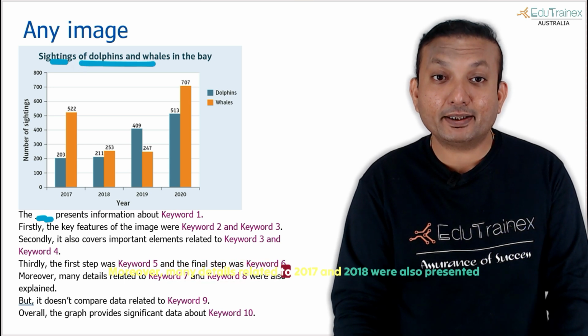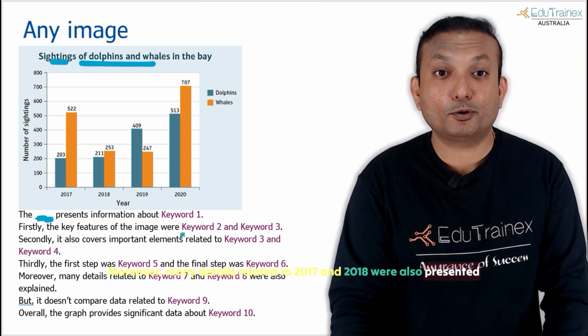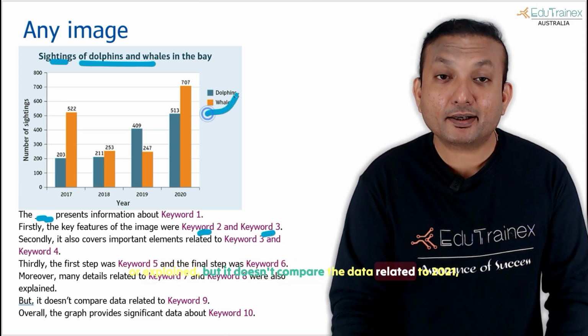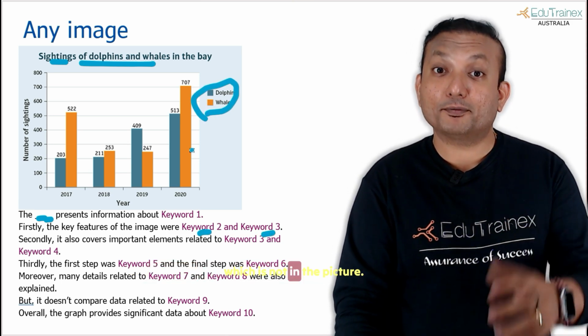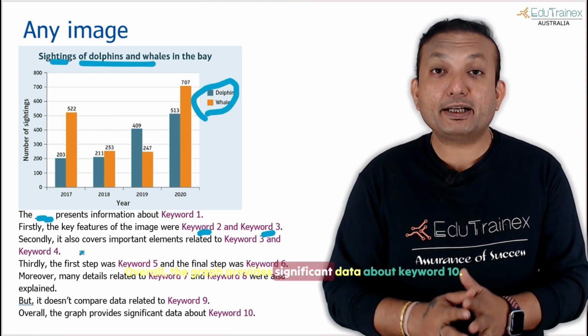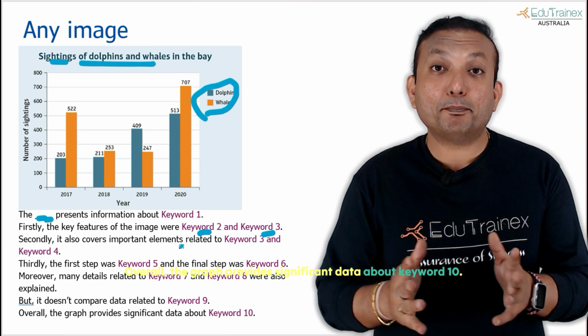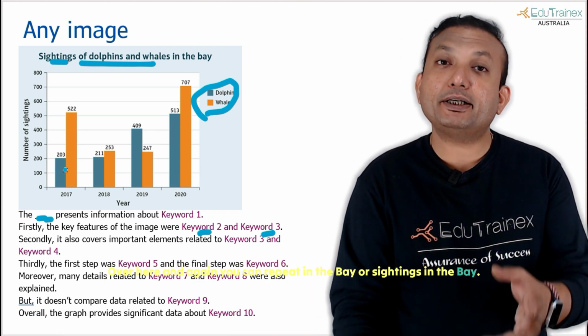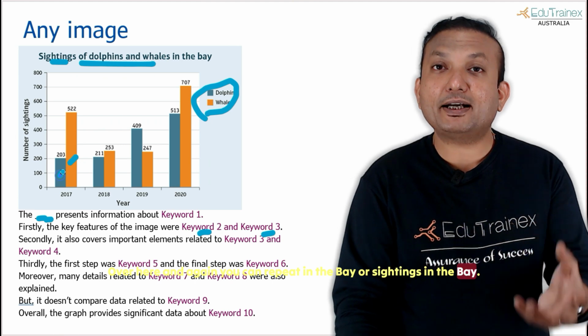Moreover, many details related to 2017 and 2018 were also presented or explained. But it doesn't compare the data related to 2021, which is not in the picture, or you can say 2020. Overall, the graph provides significant data about keyword 10, which is over here. And again, you can repeat in the bay or sightings in the bay.